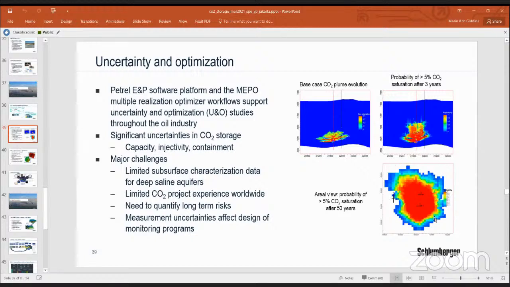The bottom map shows an aerial view looking at the probability of 5% CO2 saturation after 50 years. How far is it going to travel in the reservoir? Those plots were actually originally set up for someone who was doing a 4D seismic analysis to see when would be a good time to take seismic measurements to identify the plume position.